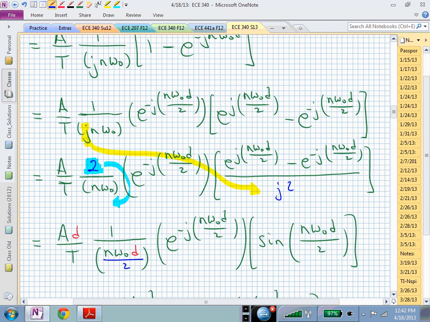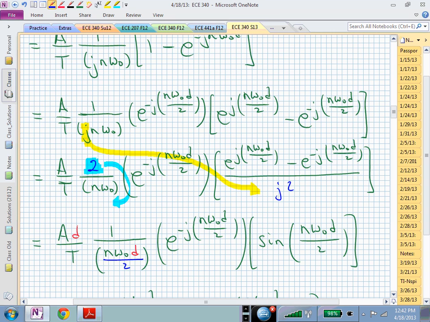In order to get this d to appear downstairs, I'm going to put a d upstairs. I'm going to again multiply by 1, except this time my 1 is d over d. And I'm going to rewrite 2 as 1 over 2, and that 2 now pops down below.